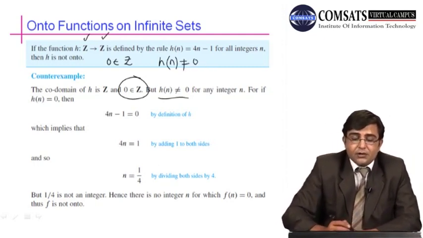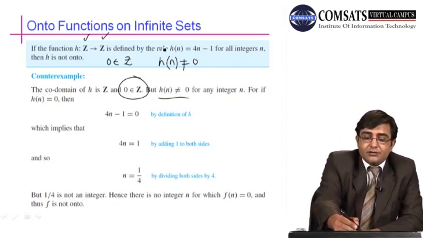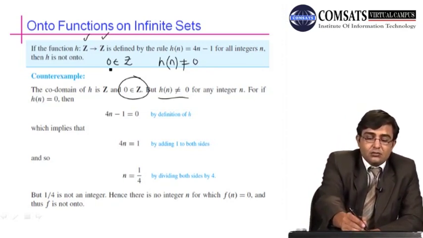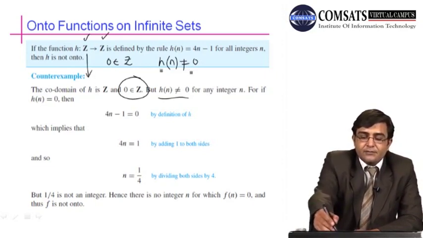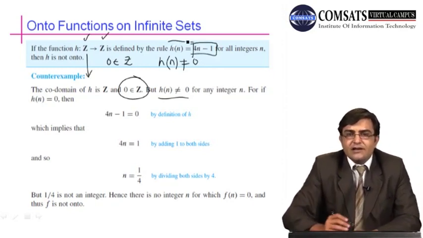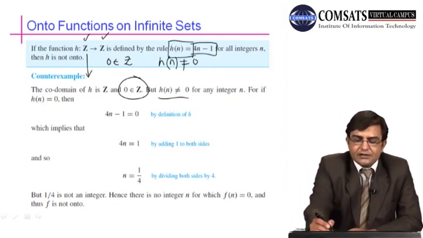Why? Because whatever value of n you take from this z and put it in this function, we cannot get 0. If you take 0 here, we get -1. If you put 2 here, we get 7.